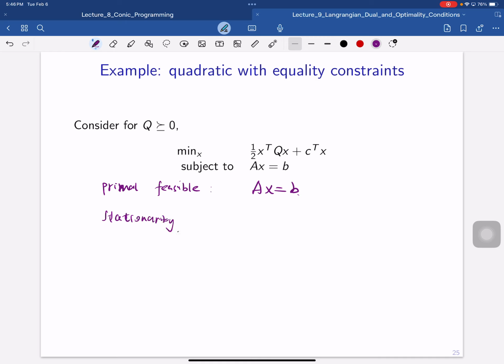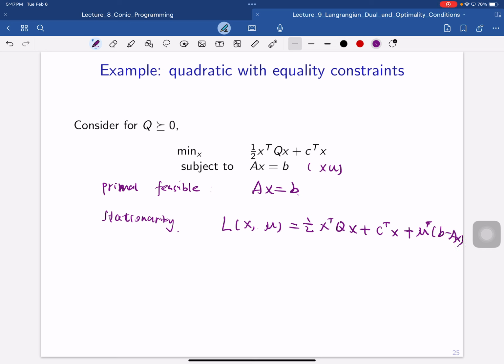Right? So if you do the Lagrangian function, let's call the multiplier u. You take the Lagrangian function over x, u. That will be x transpose Qx plus c transpose x, then plus u transpose (b minus Ax), right?